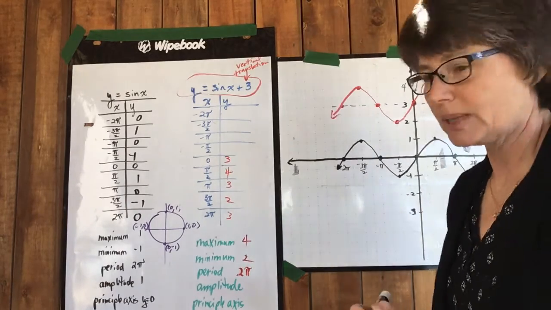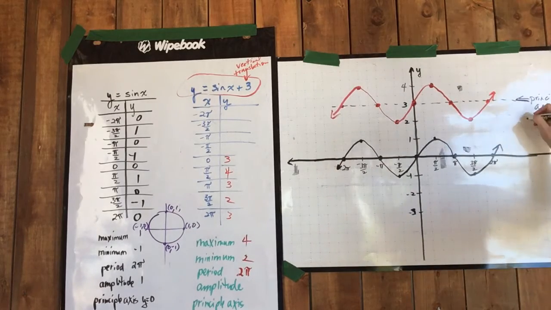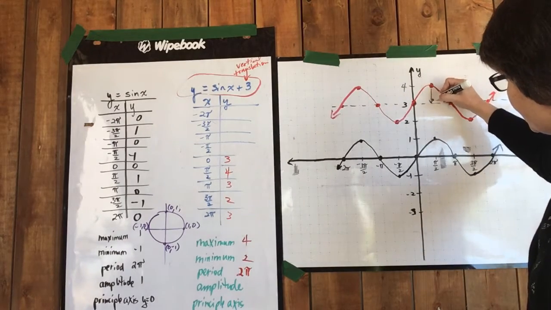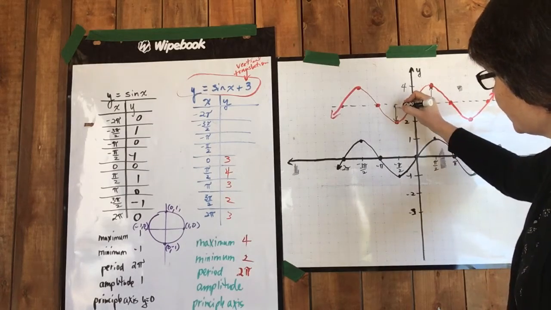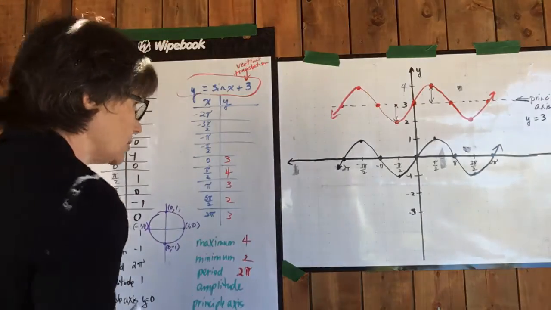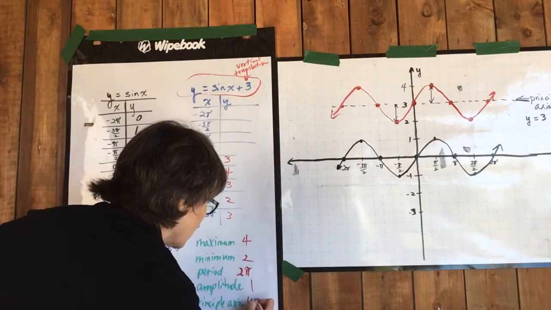That principal axis this time is not y equals 0 like in y equals sine x, it's y equals 3. So the amplitude is the distance from the principal axis to the maximum or from the principal axis to the minimum, and in both those cases the amplitude is still 1. And we just talked about the principal axis. In this case, it's y equals 3.